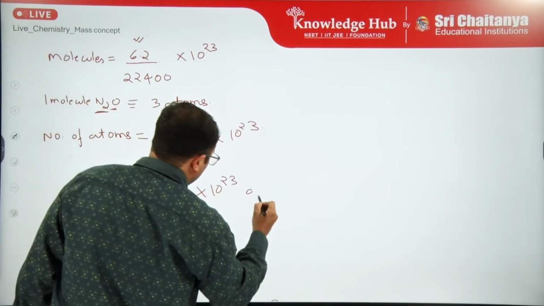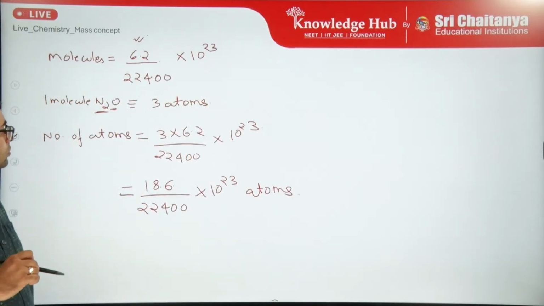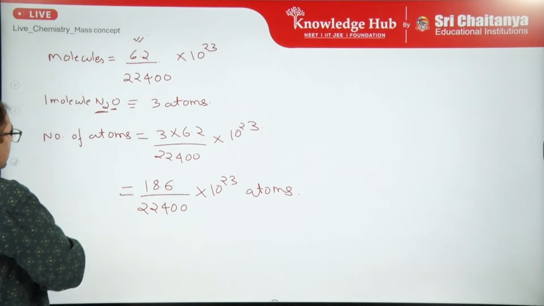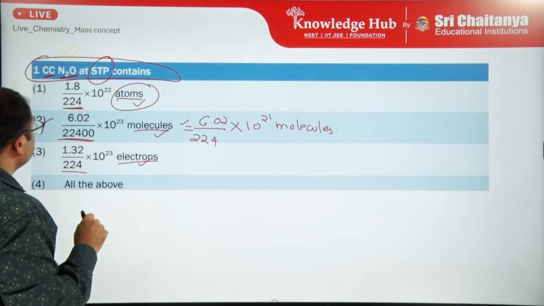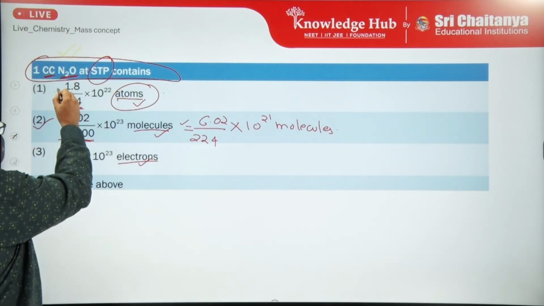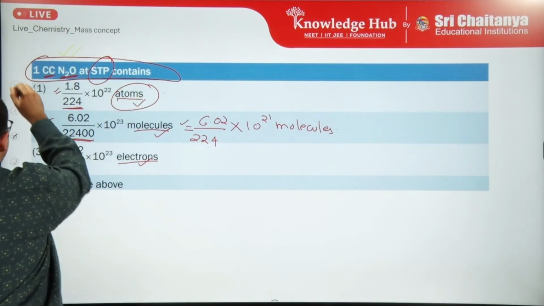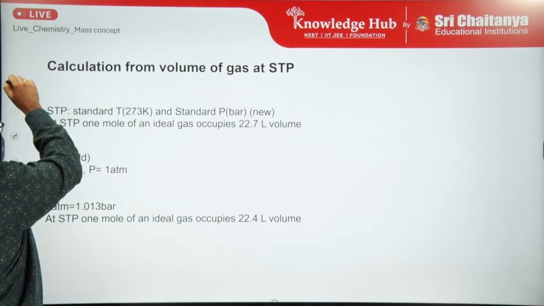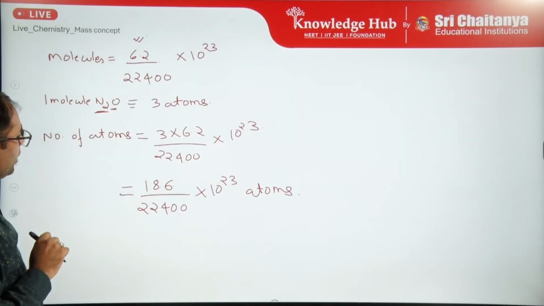3 atoms, right? These many atoms. So let us now check whether the question contains these many atoms or not. See, it is coming around 1.88. Now, the answer that we have got is 1.86, 18.6.